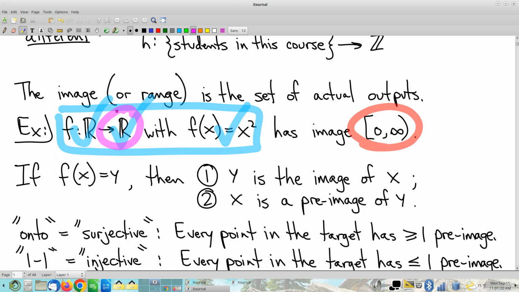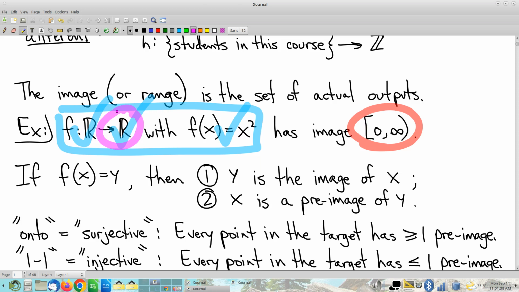The image is not up to you. You don't get to choose what the image is. The image is what it is. The target, there's a lot of flexibility. I made the target here R. By the way, why did I make the target here R? It was easier to write down.